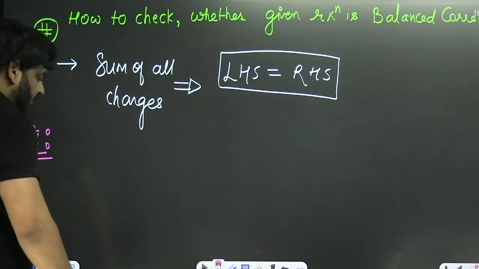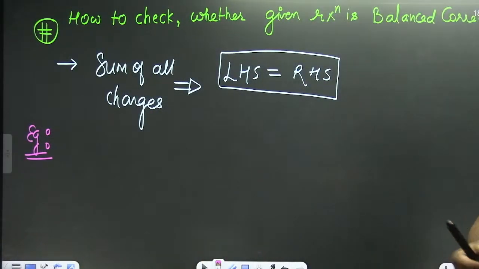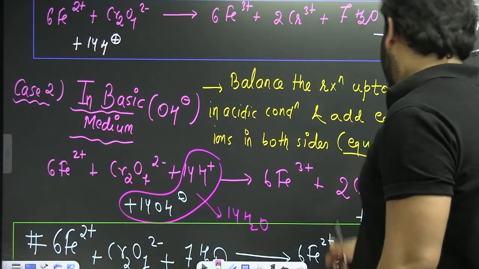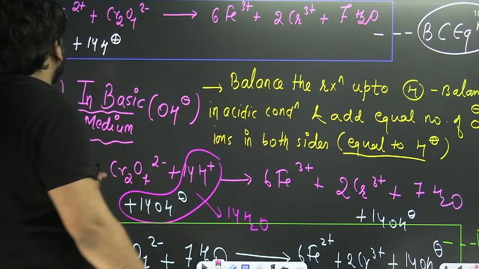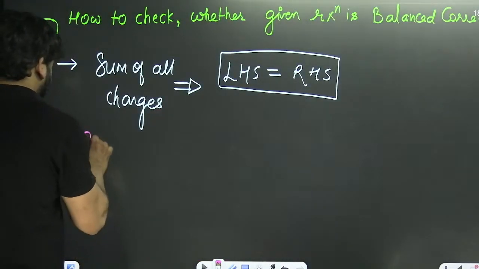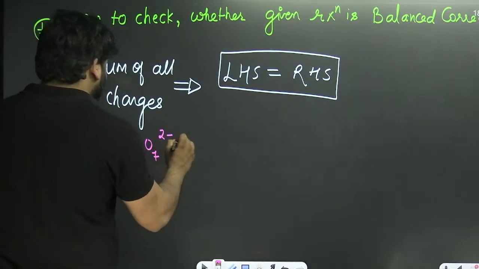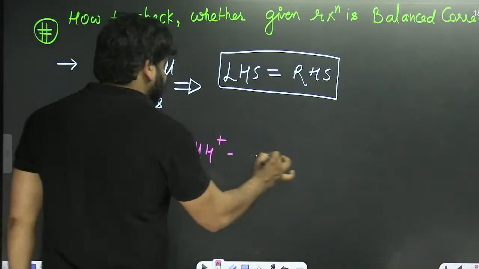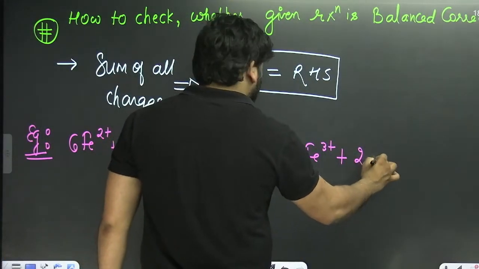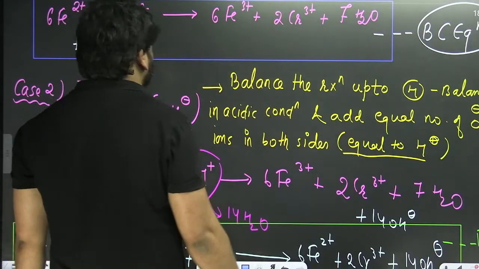The one example that we did a few slides before: 6Fe2+ plus Cr2O7 2- plus 14H+ gives you 6Fe3+ plus 2Cr3+ plus 7H2O.